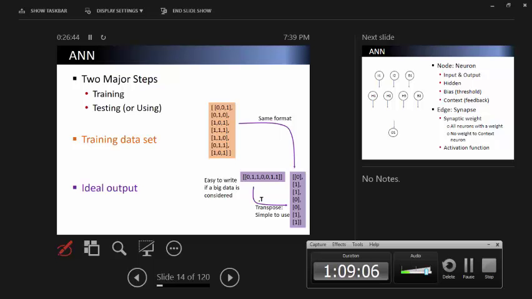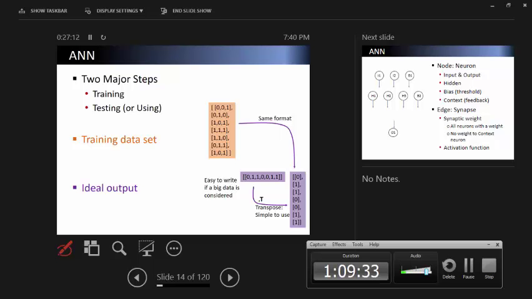Okay. In our example here, an artificial neural network has two major steps: training step and testing step. Testing means we're going to use it. The training data set that we are going to handle is the same problem, exclusive OR operations.